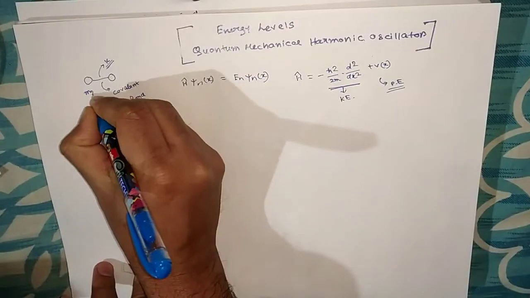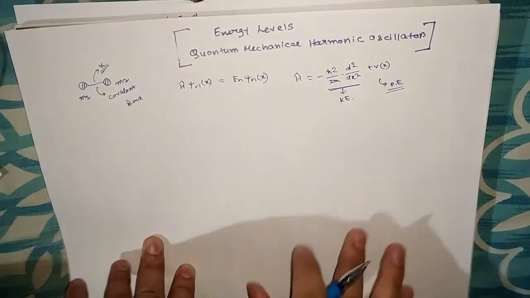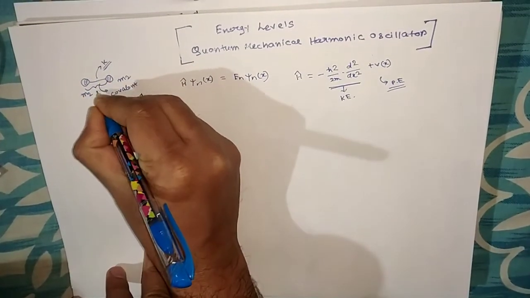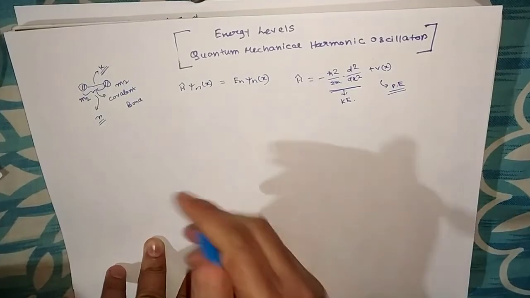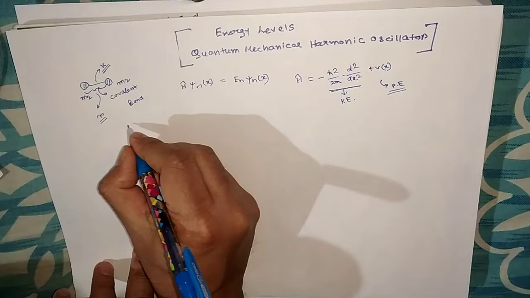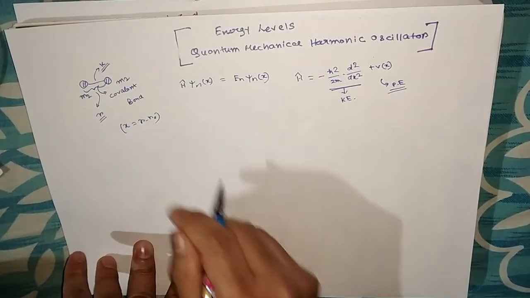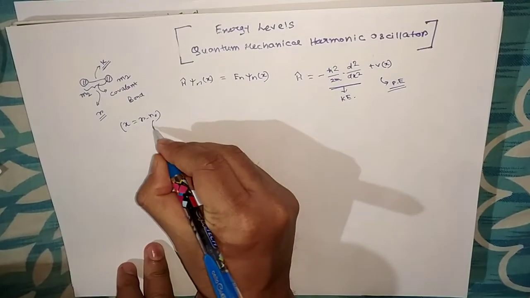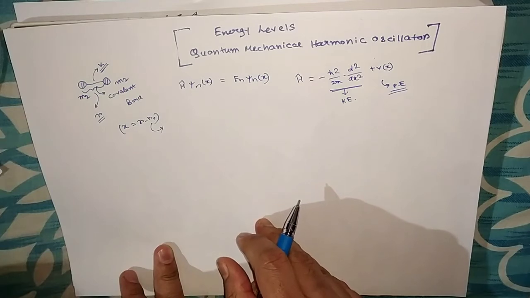M1 and M2 are the masses of the two atoms bonded with this spring system, and the distance between the two atoms is R. Another parameter that we have discussed previously is x, that is R minus R0, the displacement from the equilibrium bond length. R0 is the equilibrium bond length, and at this bond length the potential energy of the system is minimum.